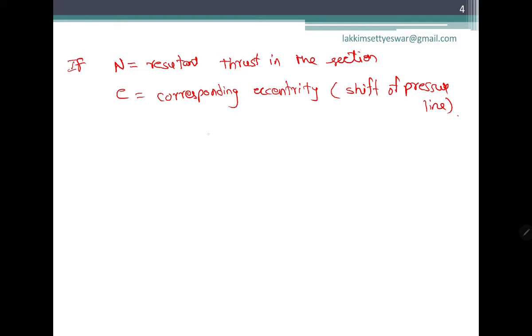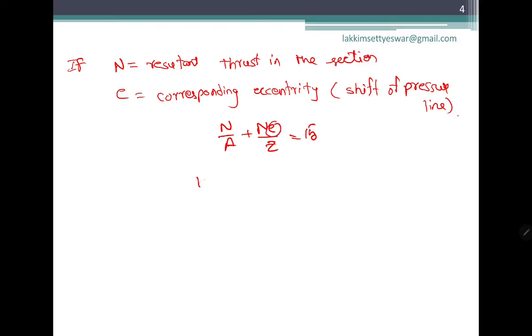So let's write the equation for the top stress: N by A plus Ne divided by Z is equal to 15. N is the resultant thrust in the section, e is the corresponding eccentricity or shift of the pressure line. This one we need to calculate now.